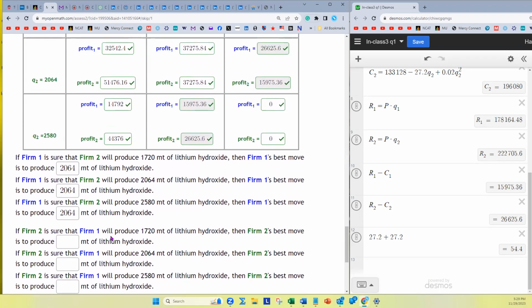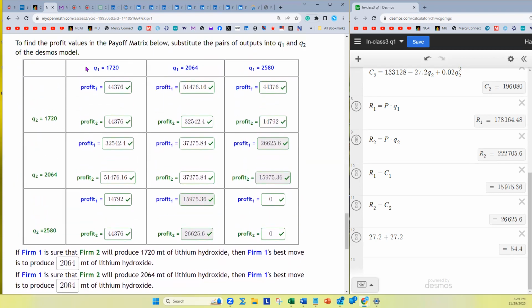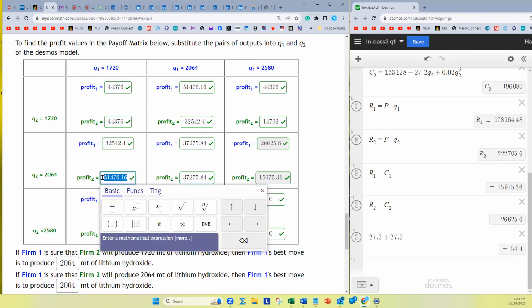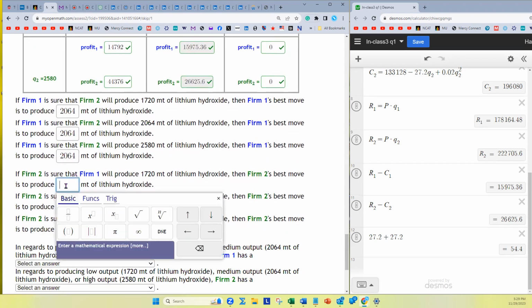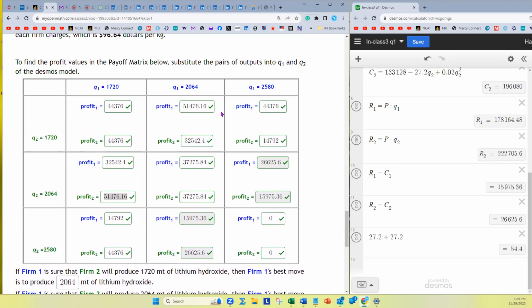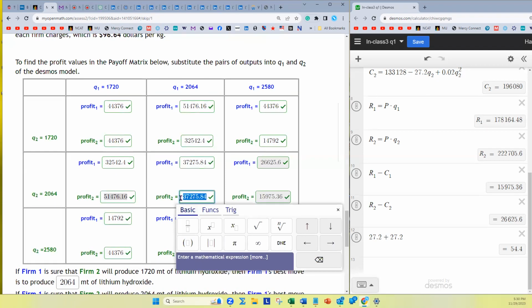Okay, now if firm 2 is sure that firm 1 will stay at high output, where are its profits highest? Its profits are highest here when it produces 2064. Firm 2 is sure that firm 1 will stay at 2064 medium output. Where's firm 2's profit the highest? Again, at medium output.